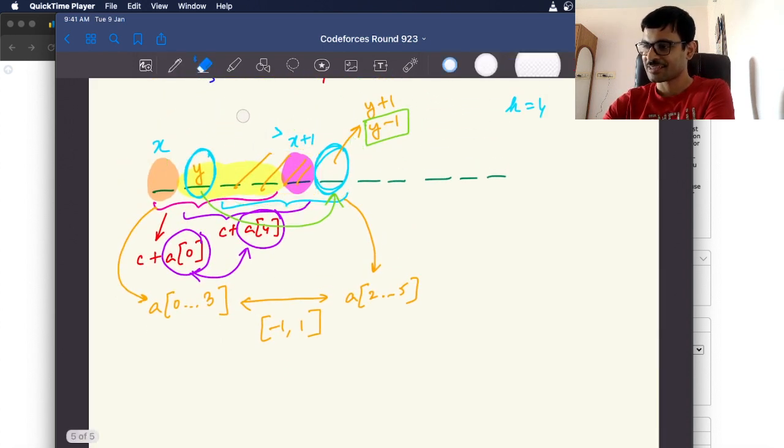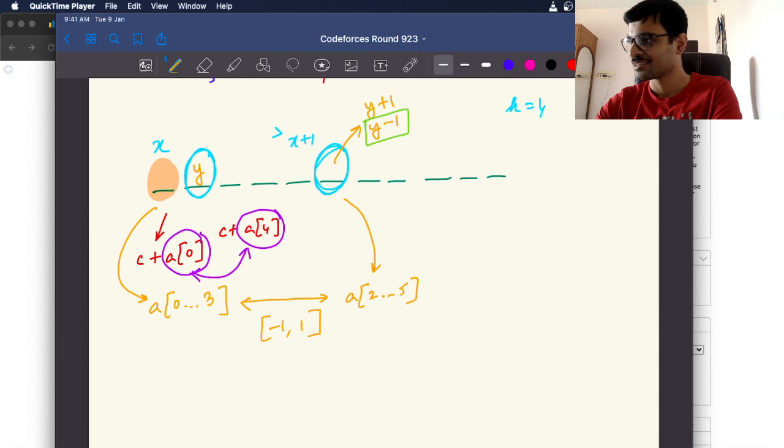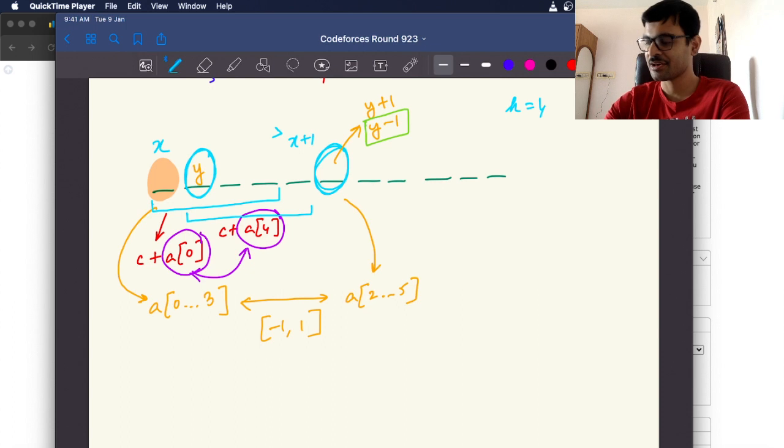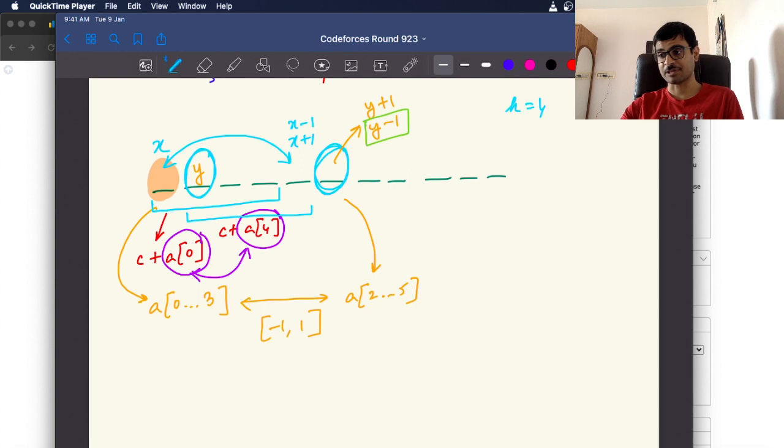If you forget all these, according to this guy and this guy, for the first and the second subarray, I know that the difference of these two has to be up to 1. And this second guy can be either x minus 1 or x plus 1.